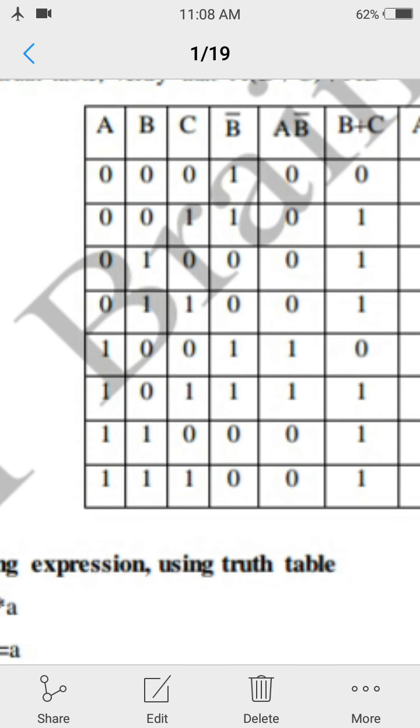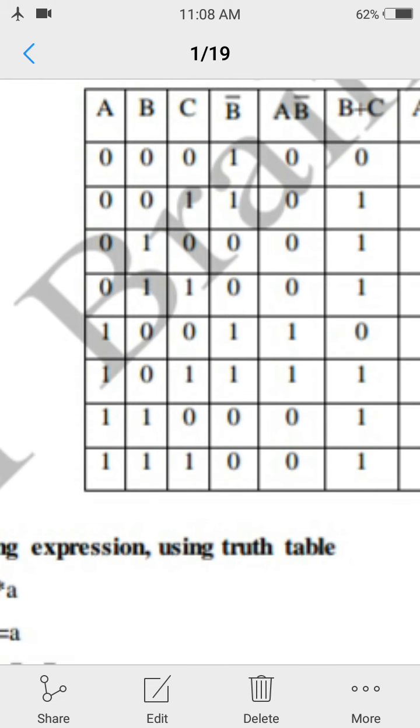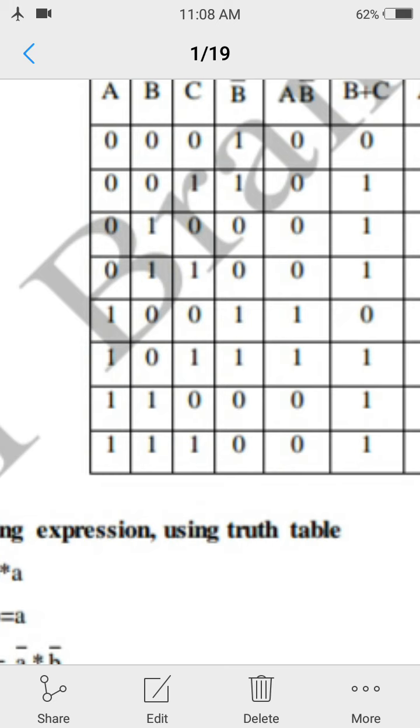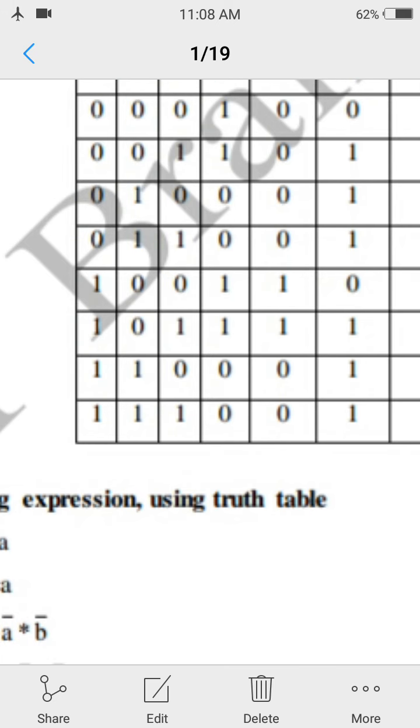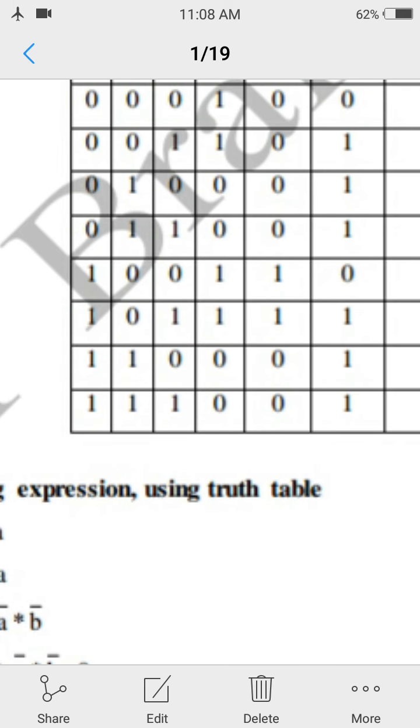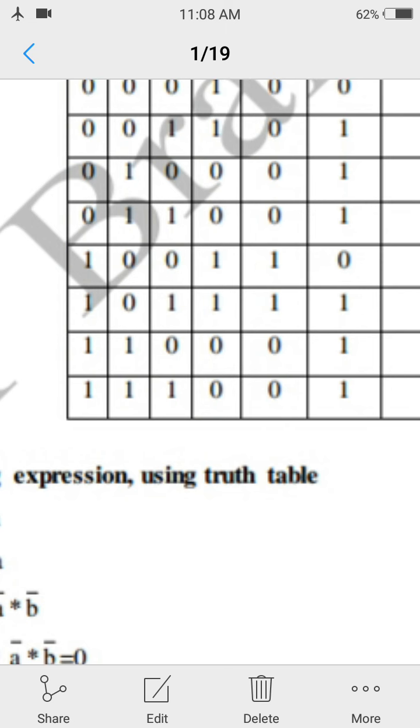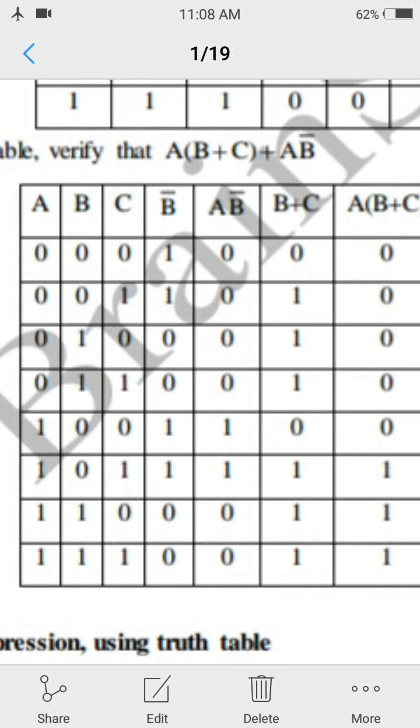In the fourth row B is 1 and B naught is 0. In the fifth row B is 0 and B naught is 1. In the sixth row B is 0 and B naught is 1. In the seventh row B is 1 and B naught is 0. In the eighth row B is 1 and B naught is 0. So we have now calculated the value of B naught.